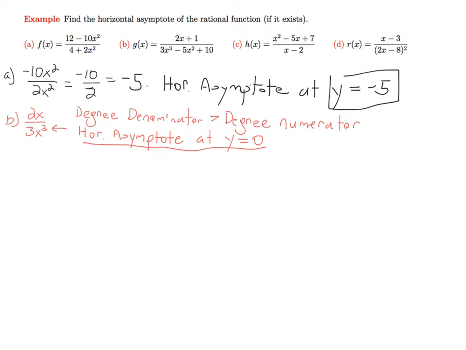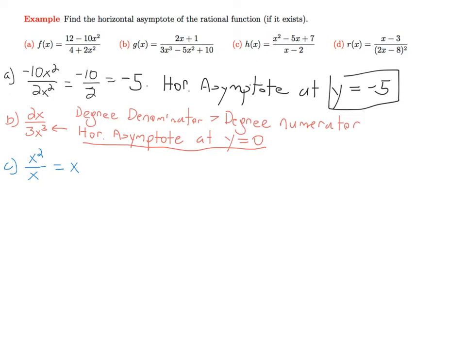For part C, the leading term of the numerator is x squared. The leading term of the denominator is x. And so the ratio of these actually winds up being x.